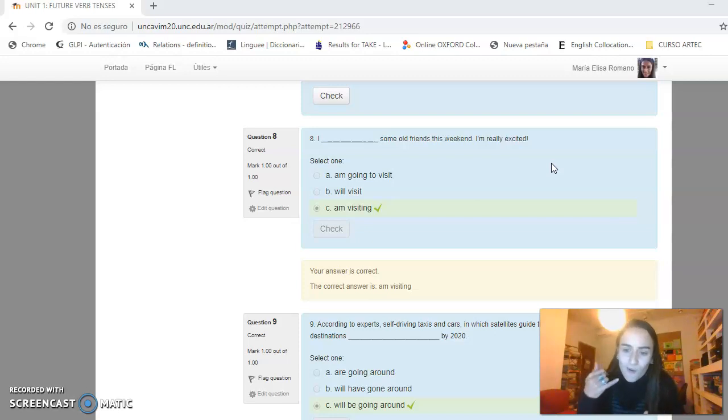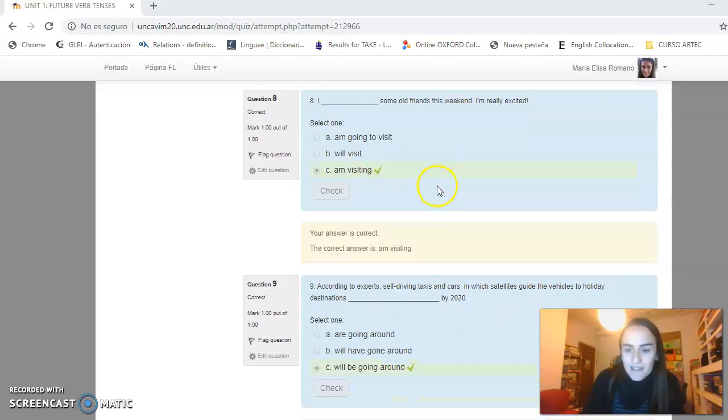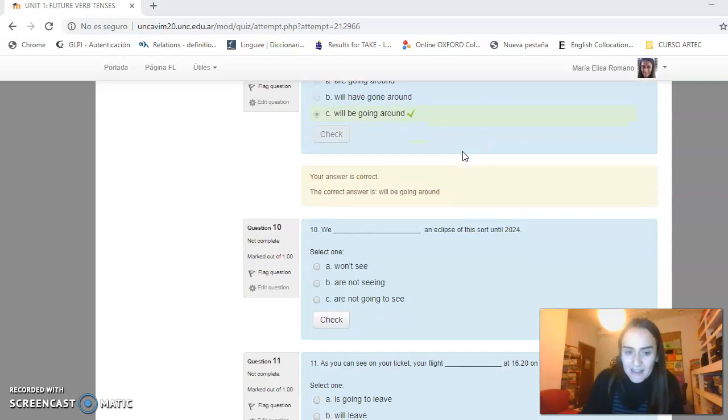You usually call them previously. So there seems to be a previous arrangement because this is something that is going to happen in the near future, in a few days. And the speaker is excited about this, so this gives us a sense of something that is almost a reality. That's why the present continuous in number 8.